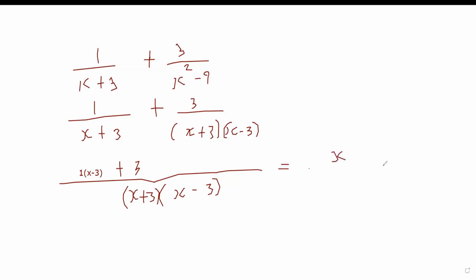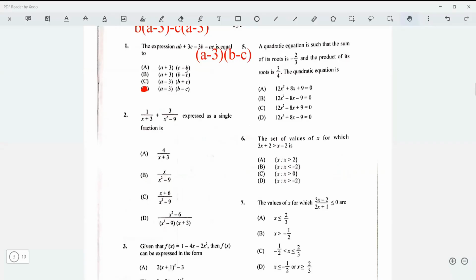In the denominator is the difference of 2 squares, which is still x squared minus 9. So this is option B, x over x squared minus 9. Easy.